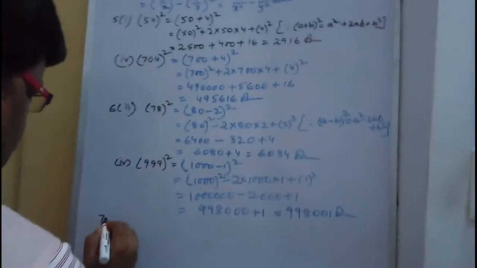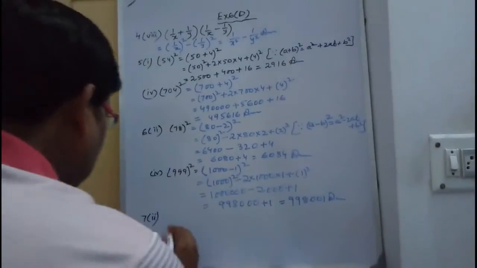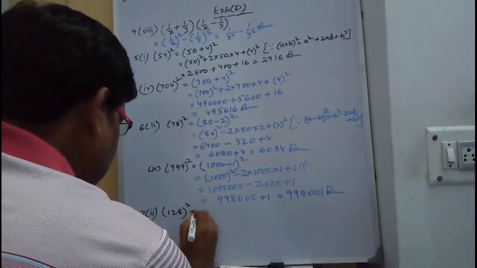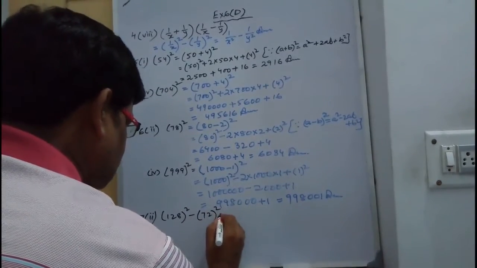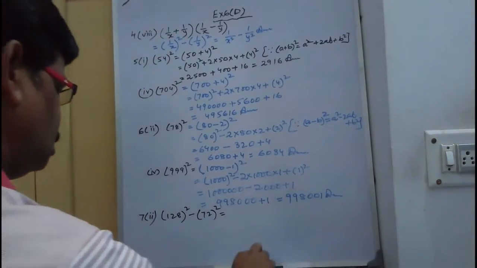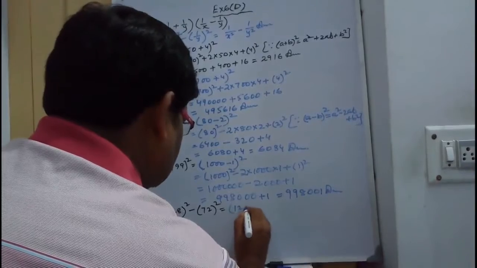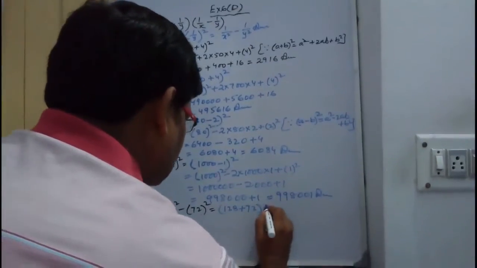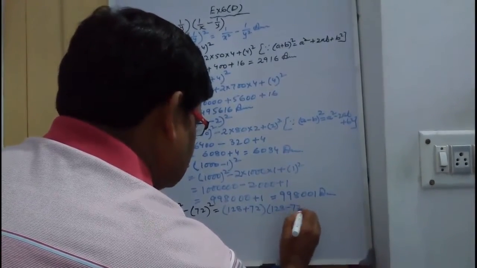Next, 7, Roman 2, 128 square minus 72 square. So 128 plus 72, 128 minus 72.